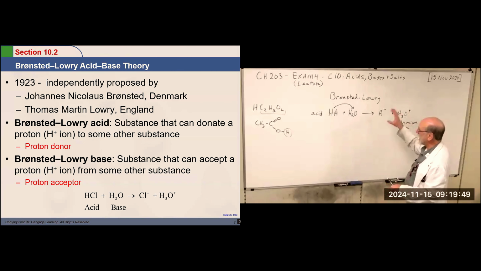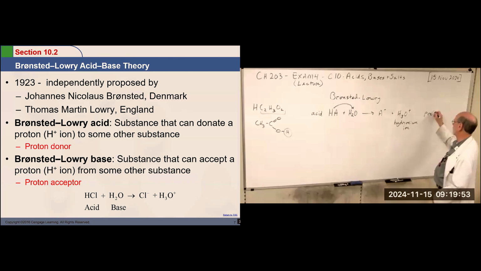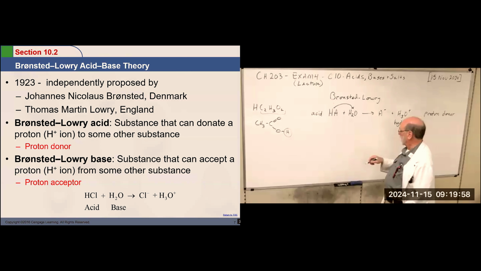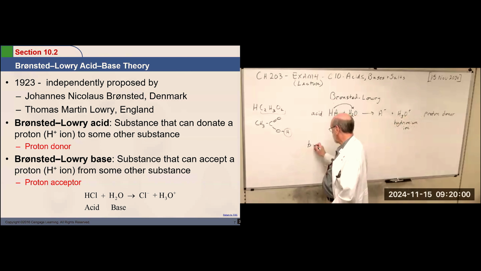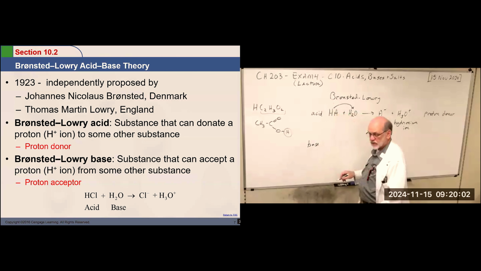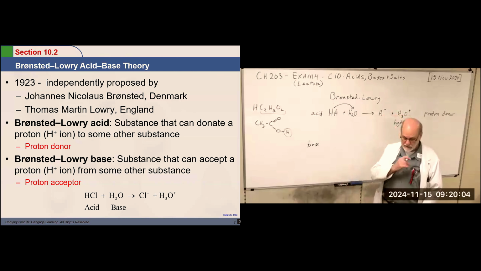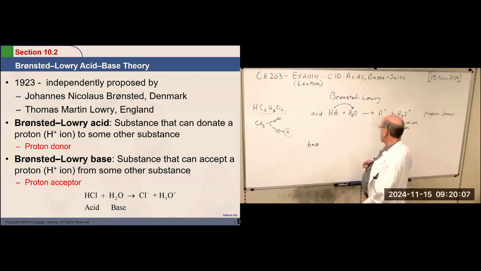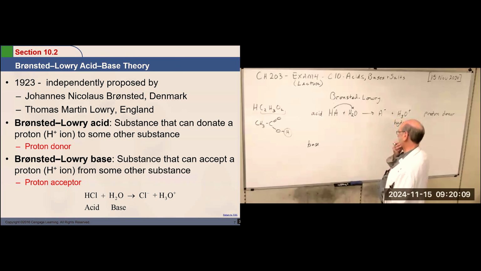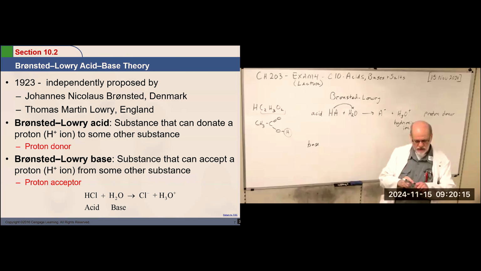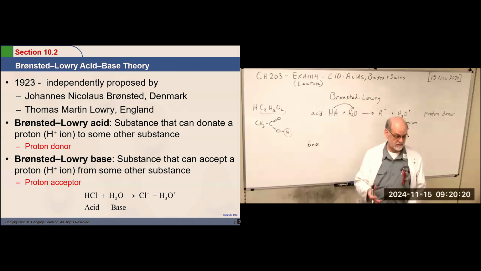So that's the concept behind the acid, is a proton donor. A base is a proton acceptor. So if we say, let's see, well, let's use ammonia. Ammonia is a good example of the species that cause the problem.